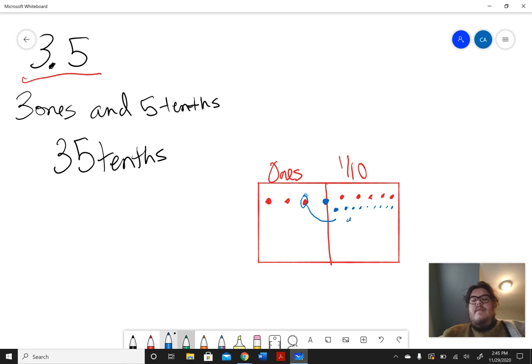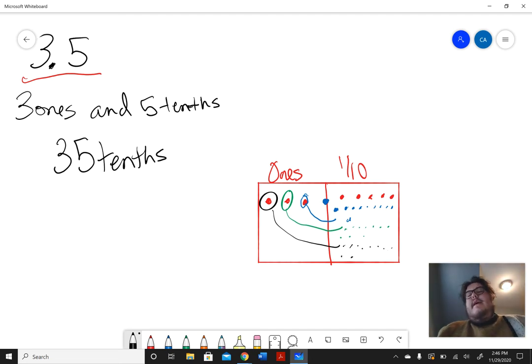We do the same thing with this one. We'd have 10 of them. Same thing with this one. Take my word for it. There are now 35 dots in here. And that's how we can say that 3 and 5/10 is the same thing as 35/10.